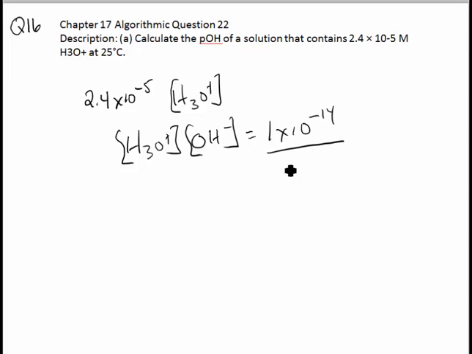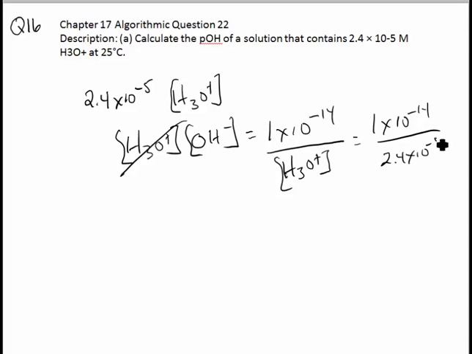So we're going to take H3O plus concentration, cancel on that side, and that will give us what this is. So that's going to be 1 times 10 to the minus 14th divided by 2.4 times 10 to the minus fifth.